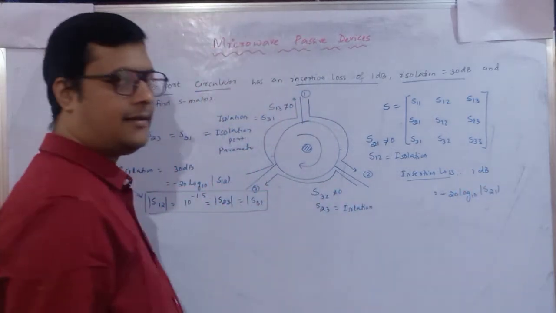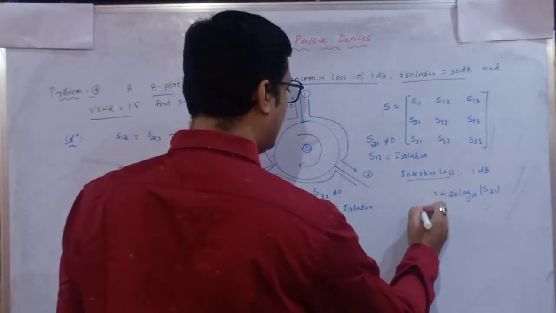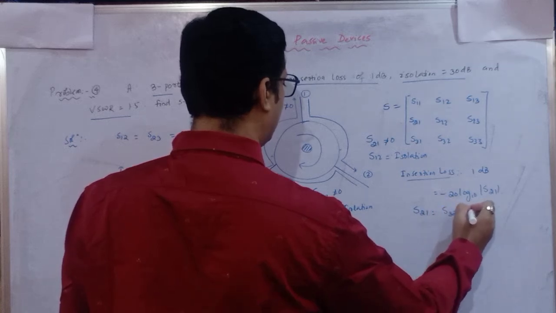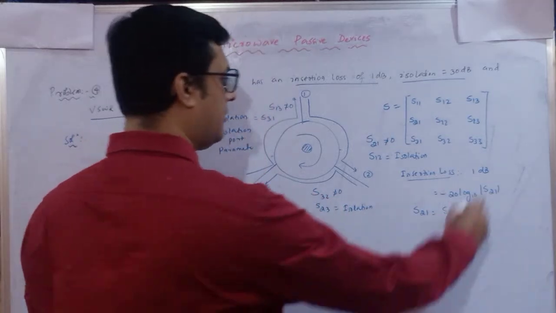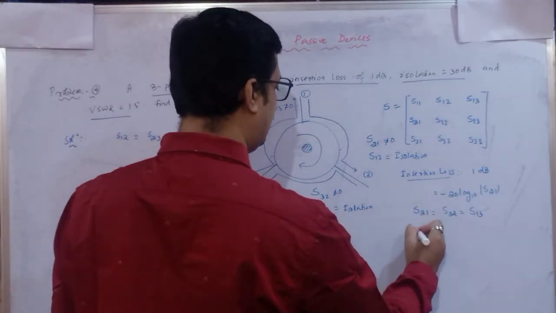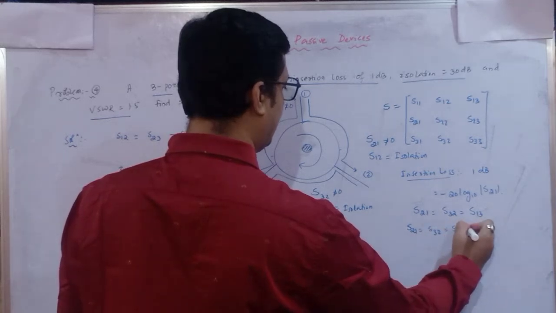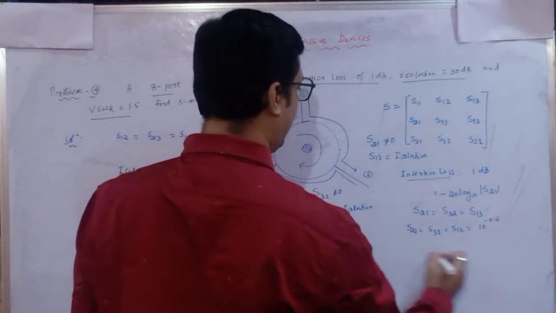Now this insertion loss is related to the other ports also. So here I can write S21 equals S32 equals S13. Done. So if you solve this, S21 equals S32 equals S13 equals 10 to the power minus 0.5.